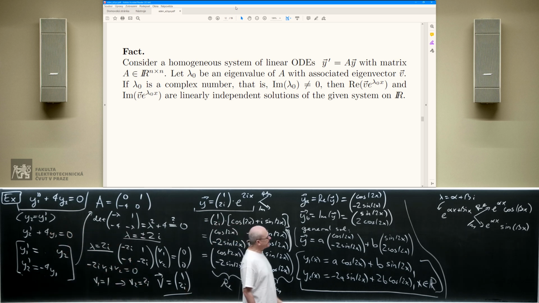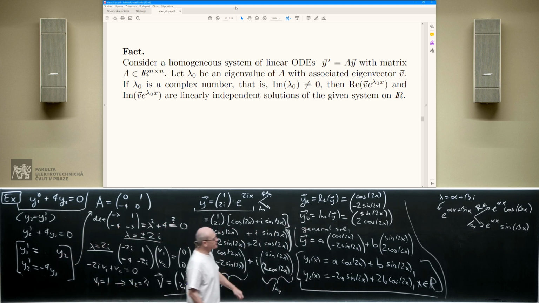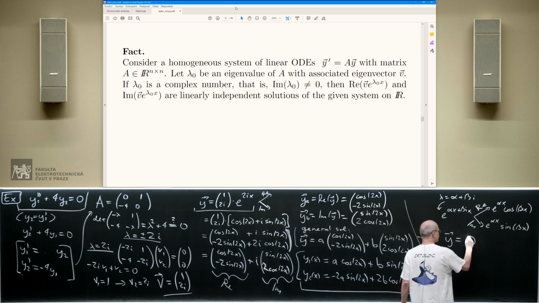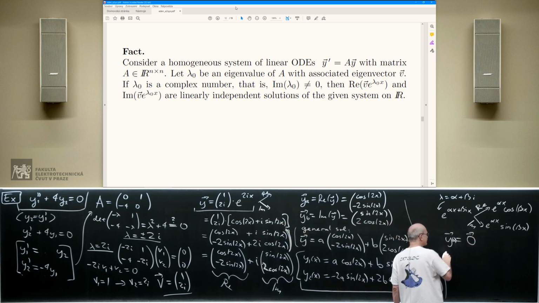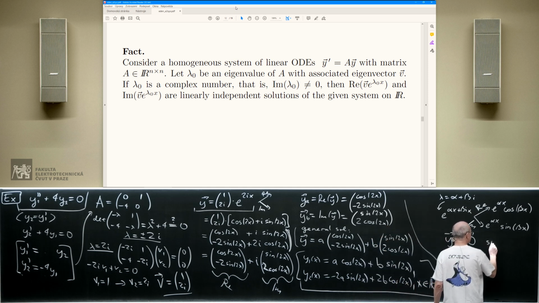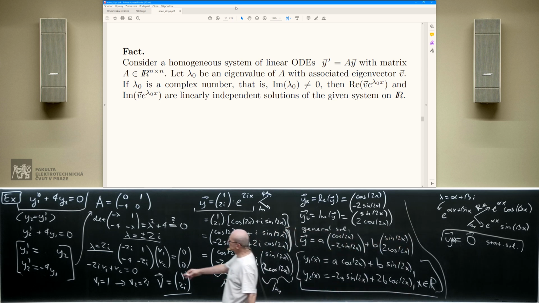Let's go back to this idea of a stationary solution. I have a 2-by-2 system which is homogeneous. So one of the solutions is the trivial solution. Let me add a variable here so that it's really emphasized that this is a function which is identically zero, a constant solution, stationary solution. This is a stationary solution of our system.